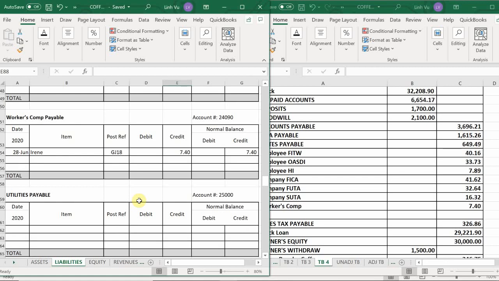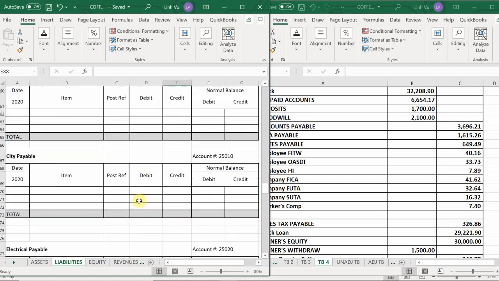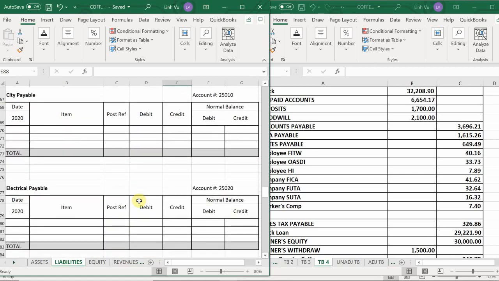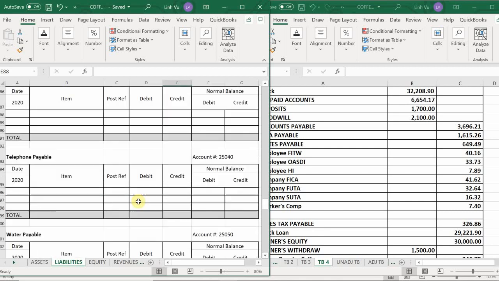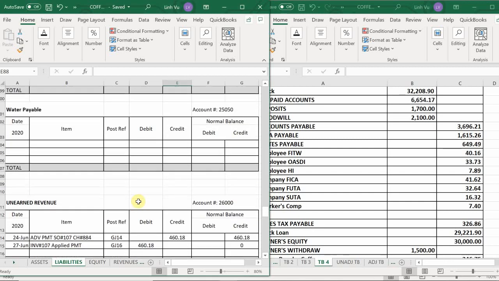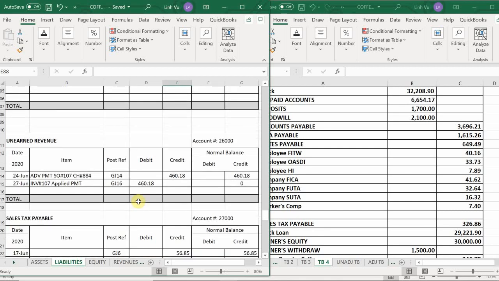Let's see. No utilities payable yet, so all this stuff you don't need. Did we have unearned revenue?